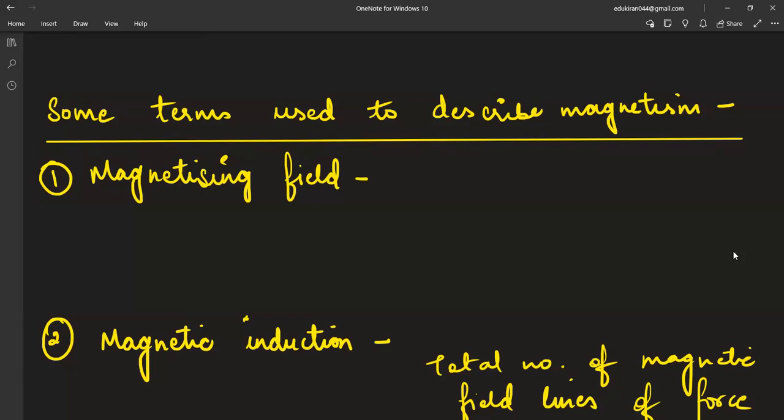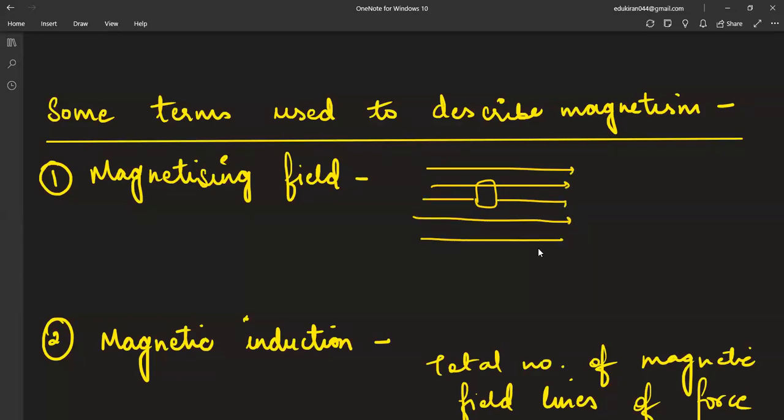See, magnetizing field means what? Magnetizing field means, in vacuum, whatever is the magnetic field which induces magnetism. For example, I have taken a magnet. So there are certain fields which are crossing it. So magnetizing field means magnetic field in vacuum.